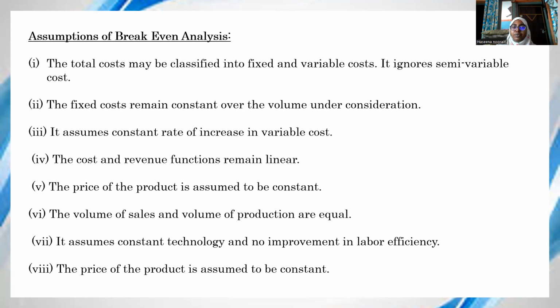The cost and revenue functions remain linear, but the price of the product is assumed to be constant. The volume of sale and volume of production are equal at the point. It assumes constant technology and there is no improvement in labor efficiency. The price of the product is assumed to be constant.